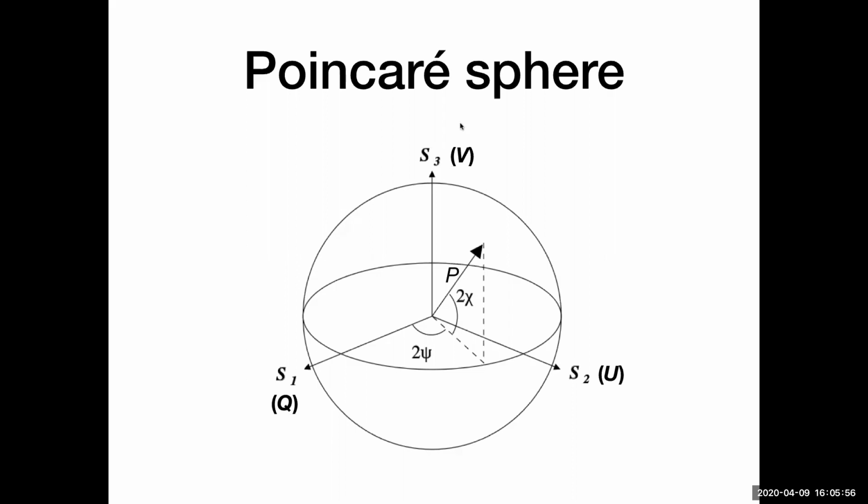Which of these represents right circular and left circular is a slightly complicated thing because there are different definitions. Physicists have one definition for handedness in the Stokes parameters, and engineers have the opposite convention.